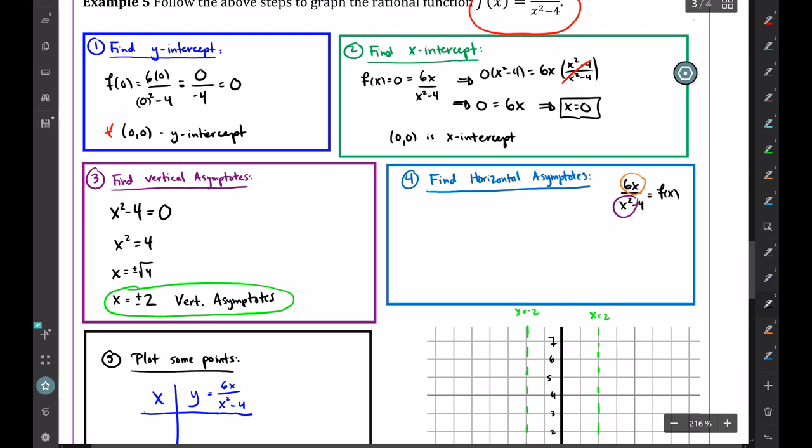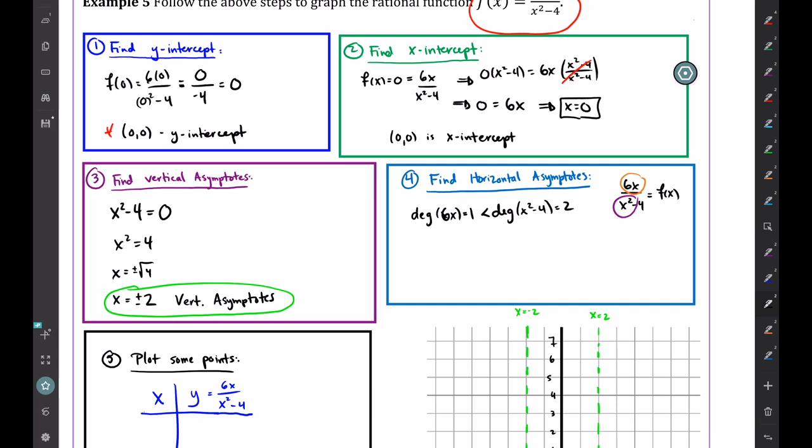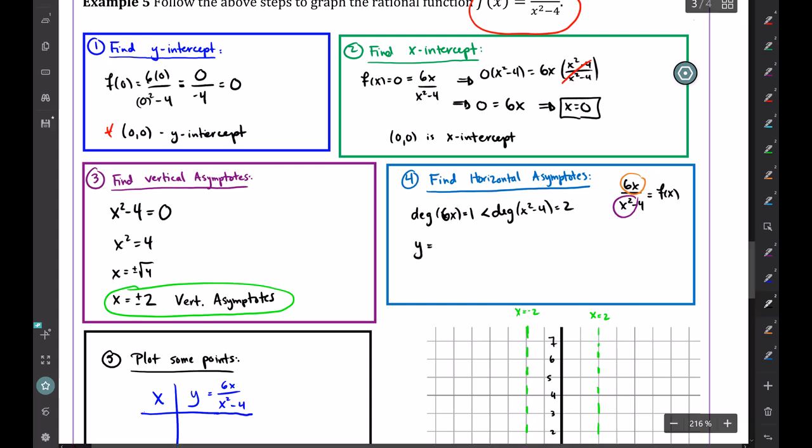The degree of 6x is 1, and that is less than the degree of the denominator, x squared minus 4, which is 2. So since the degree on top is smaller than the degree on bottom, the bottom is going to grow much faster when x gets big. That tells you that the horizontal asymptote will be 0. This is going back to our previous table. So y equals 0 is the horizontal asymptote.